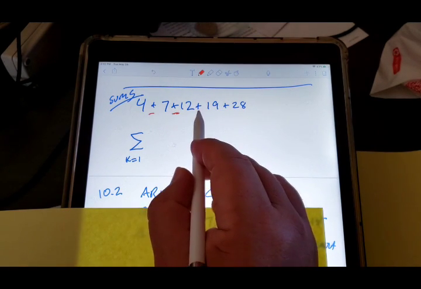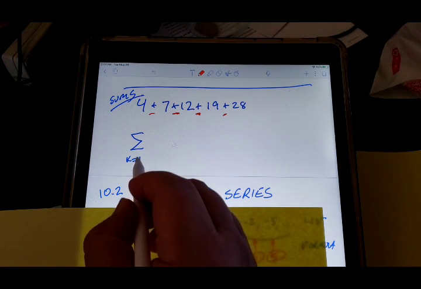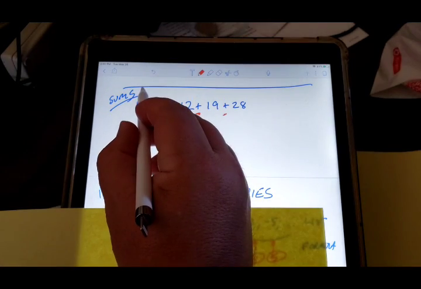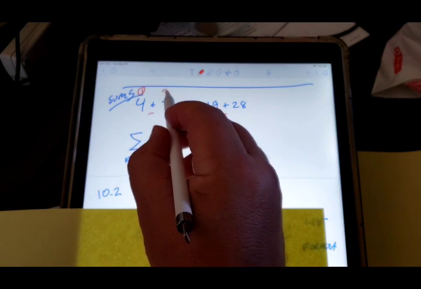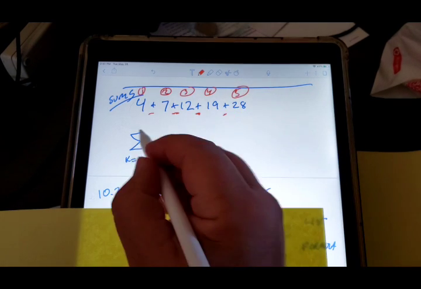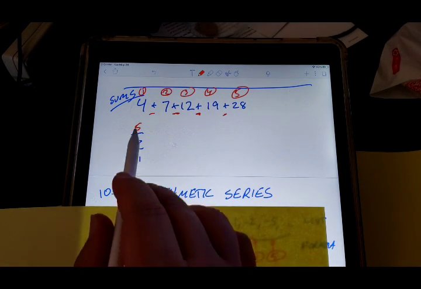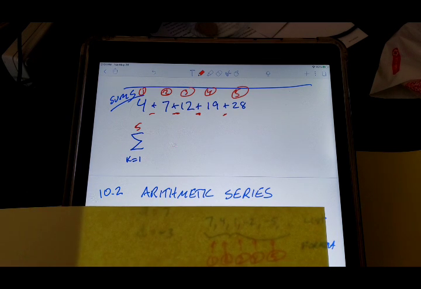So because of all these additions here. So what am I doing? I'm adding, the first term is always 1. And this is 2, this is 3, 4, and this is the 5th term. So we call them the limits, k equals 1 to 5. And yeah, we usually do switch to the letter k at this point.